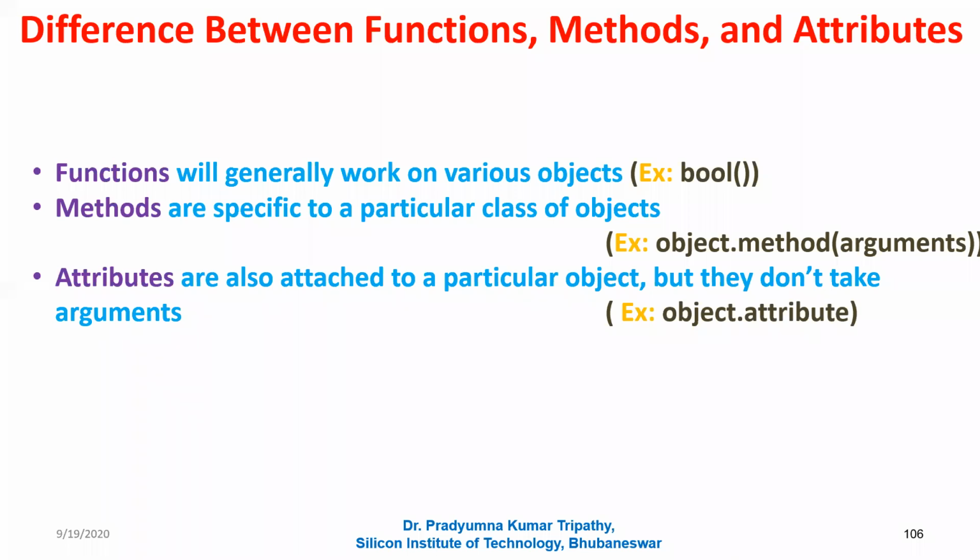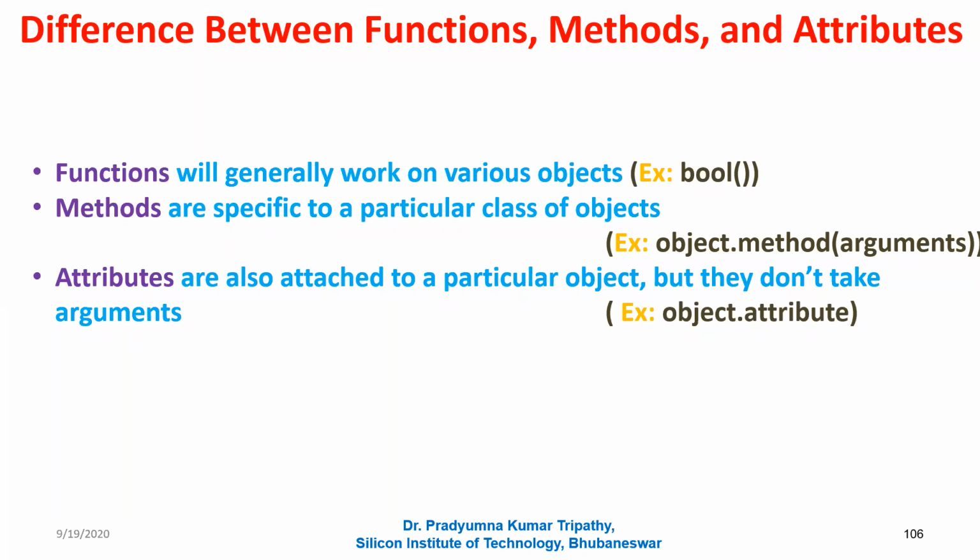There is some rule about where we will say it is a function and where we will say it is a method. In some places where you use a particular code, we say it is a function, and in some cases we say it is a method, and where we will say it is an attribute. Those things will be discussed over here.